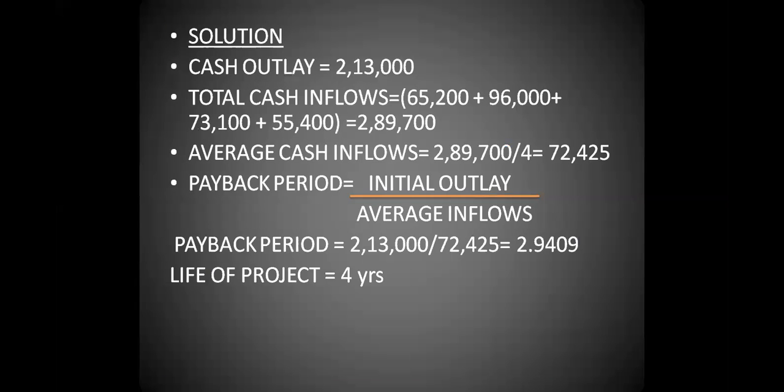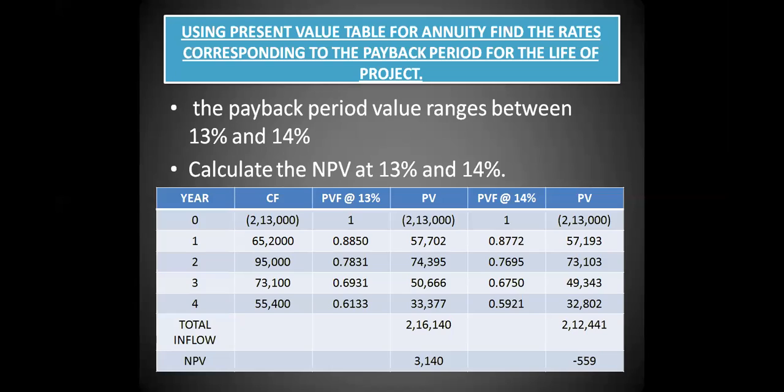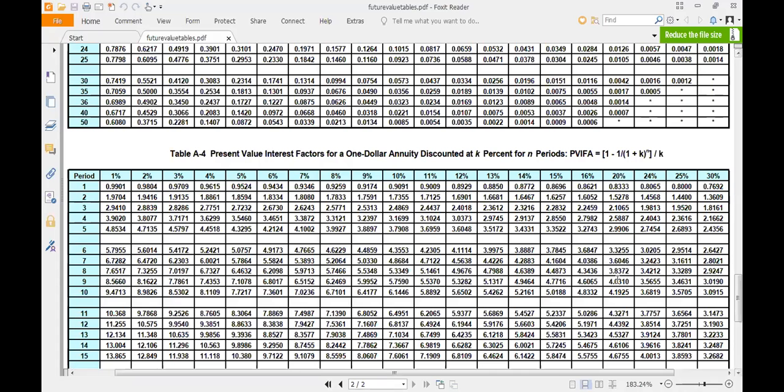I'll show you the table. In that, I will have to find a corresponding rate for a period of 4 years. Okay, let's find it out. All right, so this is the table.